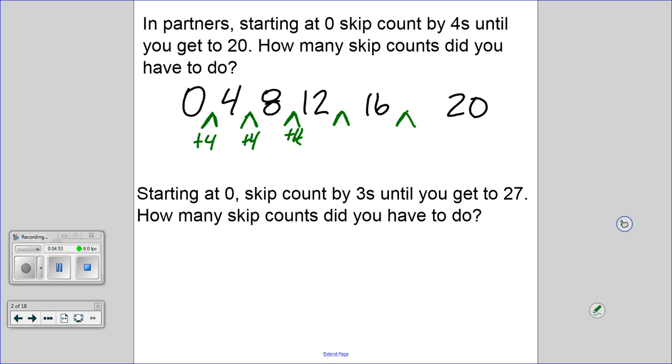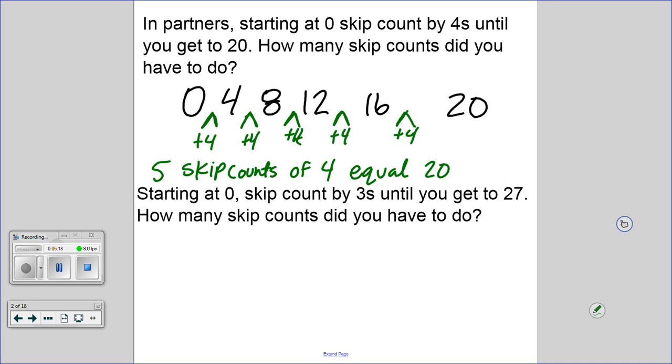Okay, like how many skip counts? Yeah, one more time. So 5 skip counts of 4 equal 20, or get us to 20.